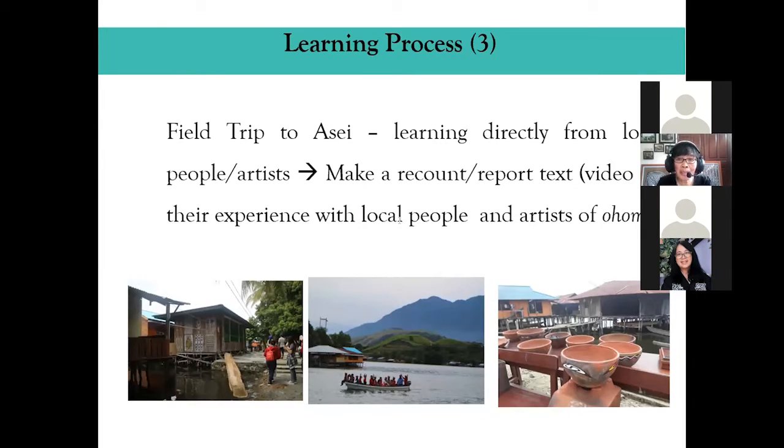So the students can learn directly from the local people or the artists. They can have interviews, so they have a new experience on the island. They can ask the artist, and they can touch it and anything.